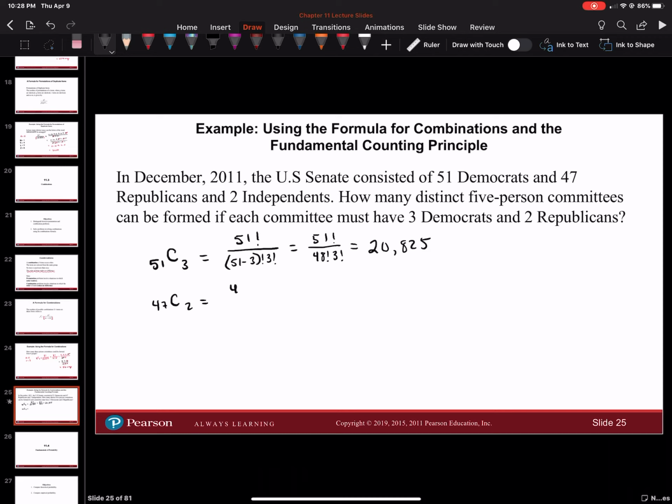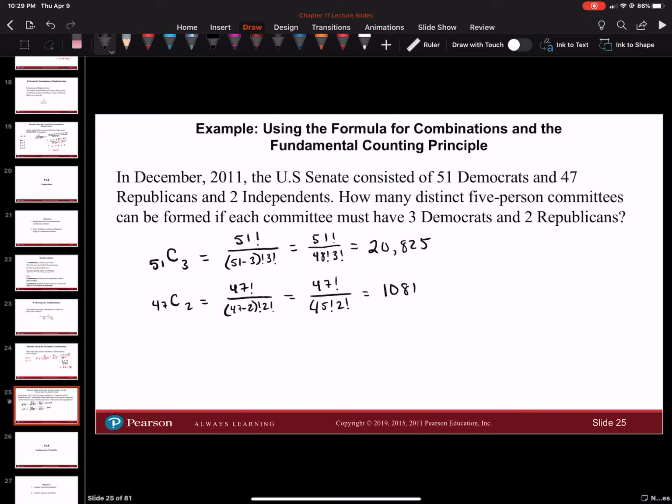It'll be 47 factorial over 47 minus 2 factorial times 2 factorial, which is just 47 factorial over 45 factorial times 2 factorial. Then when we do the math, in the calculator or by hand, we get 1,081 different choices.